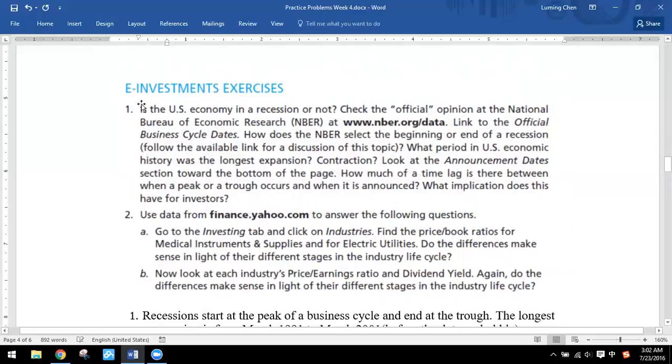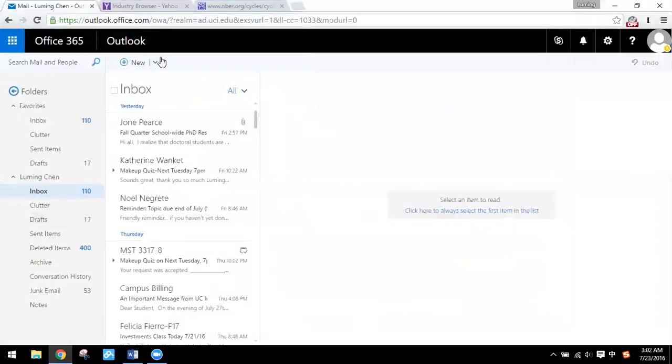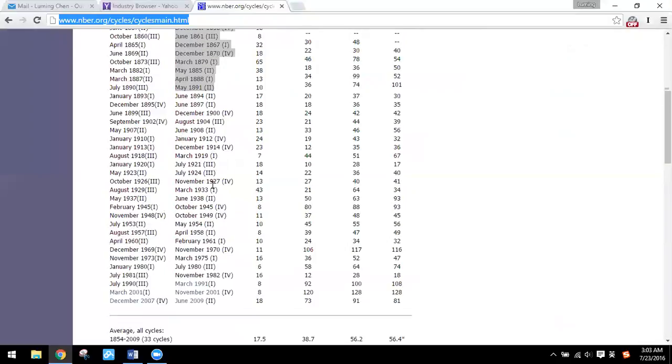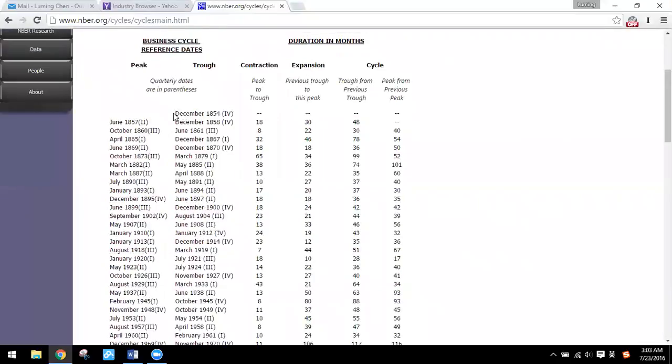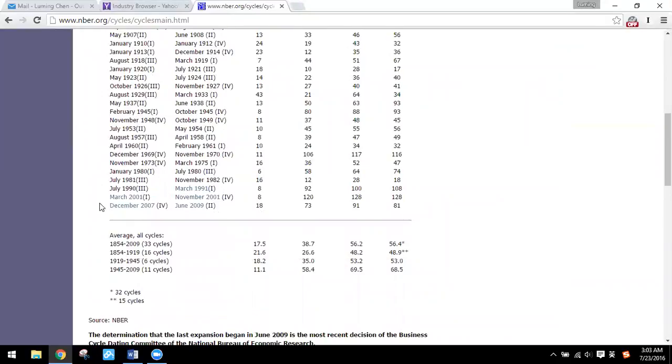Next, investment exercises. First, we look at the NBER business cycle data. This is the NBER business cycle data from 1854 to 2009.